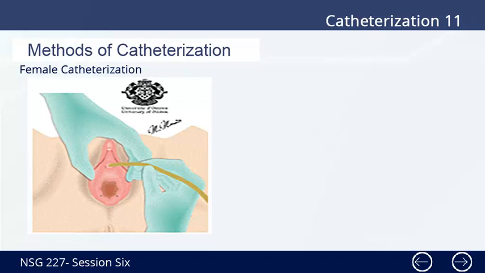Cleansing the mucous membranes with an antiseptic lotion reduces the number of microorganisms and contamination. Forceps reduce the possibility of contamination of gloves. Cleaning the meatus last helps reduce the possibility of introducing organisms into the bladder.